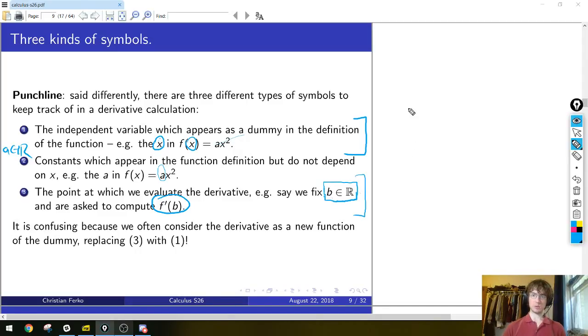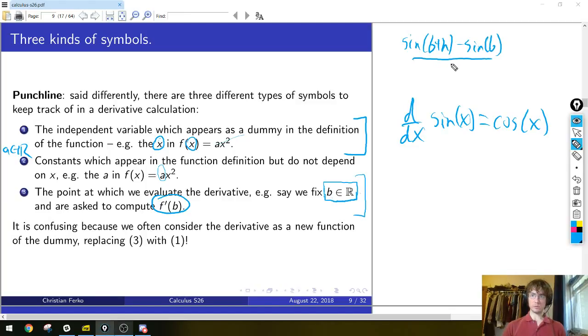This is what we do, for instance, when we say the derivative of sine x is cosine of x. So we should be totally clear about this step that we're skipping here. We're saying that at any real number, at any point, say b, I know how to take the difference quotient, the sine of b plus h minus sine of b all over h, take the limit.